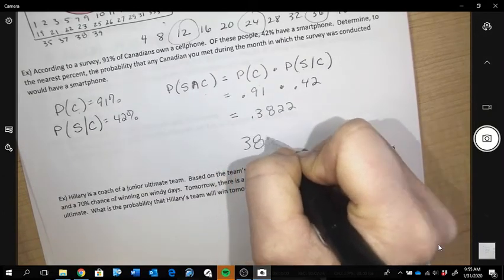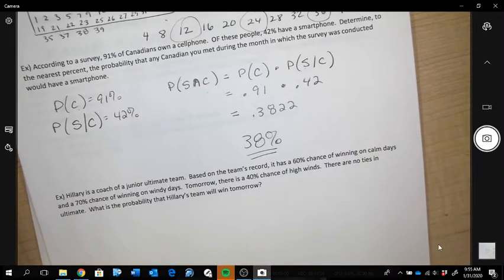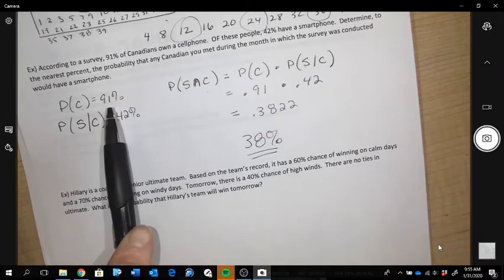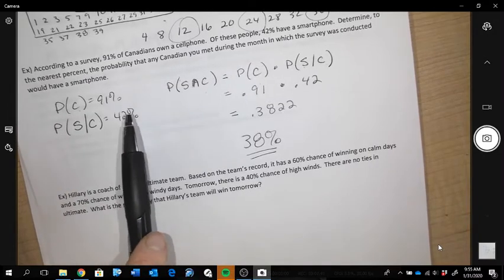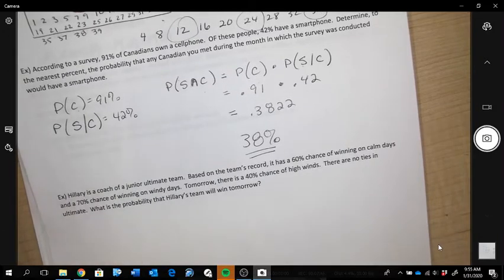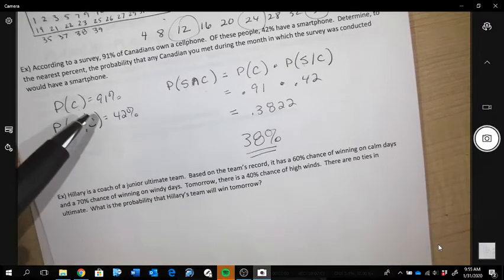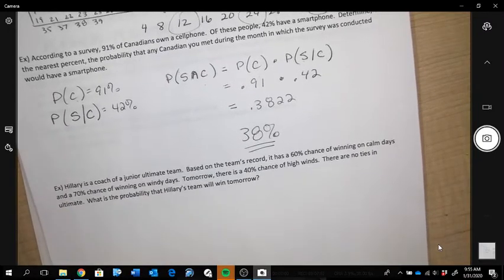So there's a 38% chance you would find somebody with a smartphone. Because obviously, 91% have a cell phone, and then out of those that have a cell phone, 42% of those people have a smartphone. So you still might find somebody without even a cell phone, right?